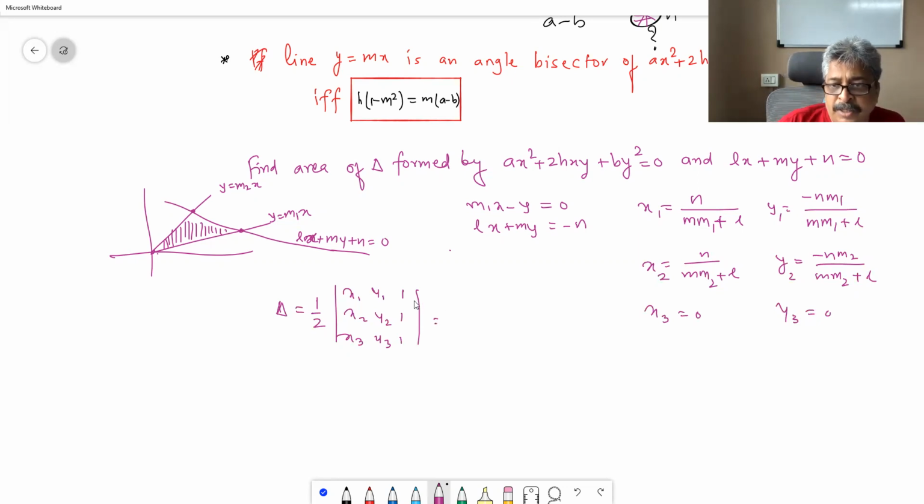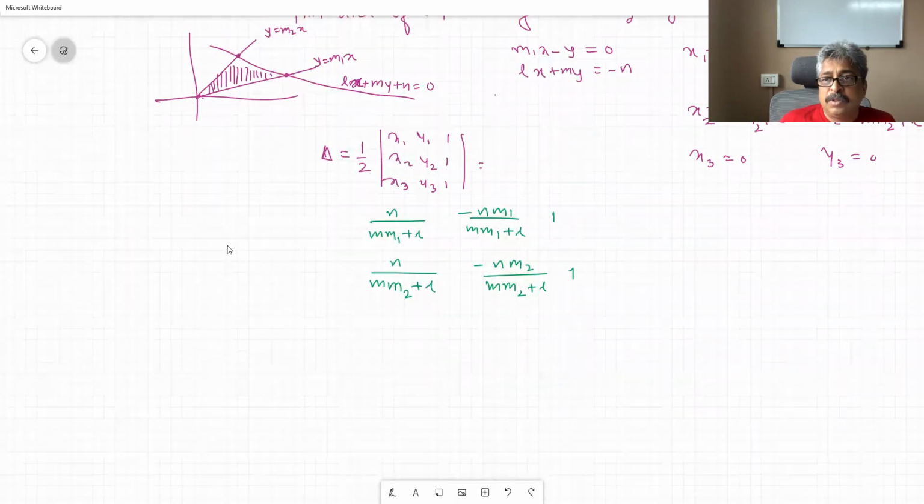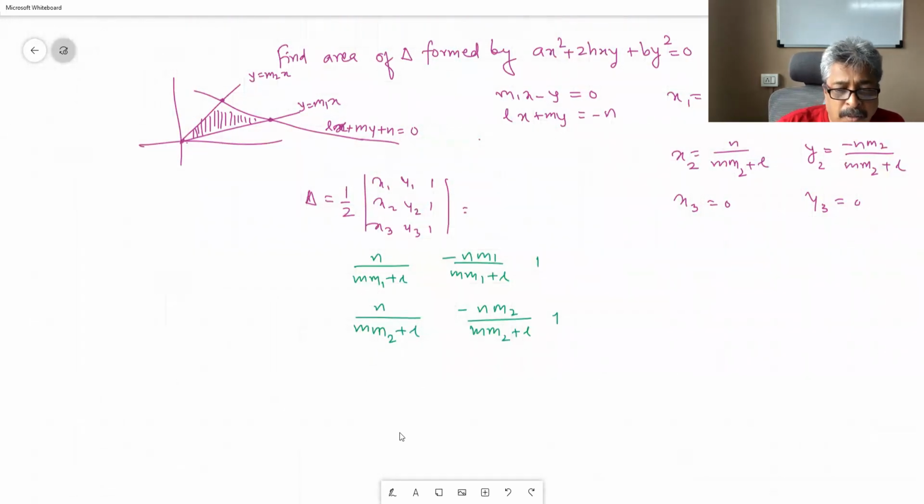Therefore, we end up getting the rows n upon m m1 plus L, minus n m1 upon m m1 plus L, 1; n upon m m2 plus L, minus n m2 upon m m2 plus L, 1; and the third row is 0, 0, 1.